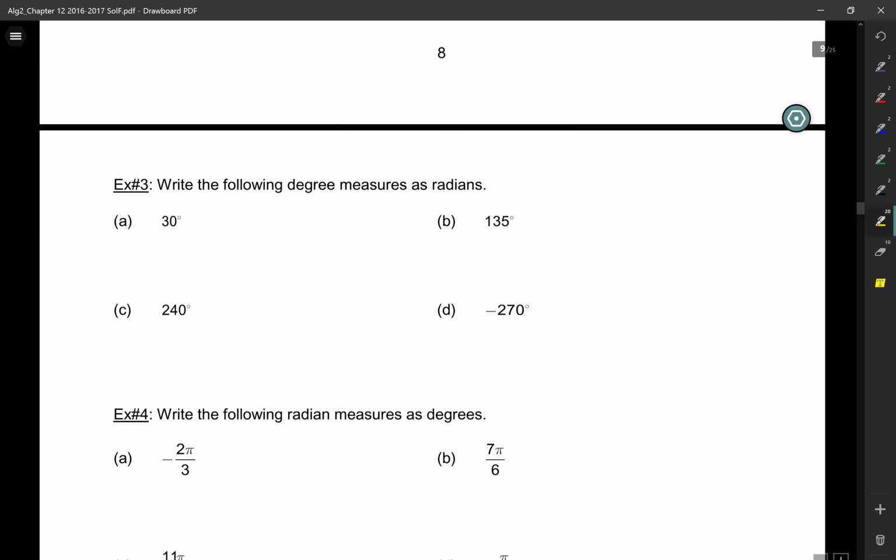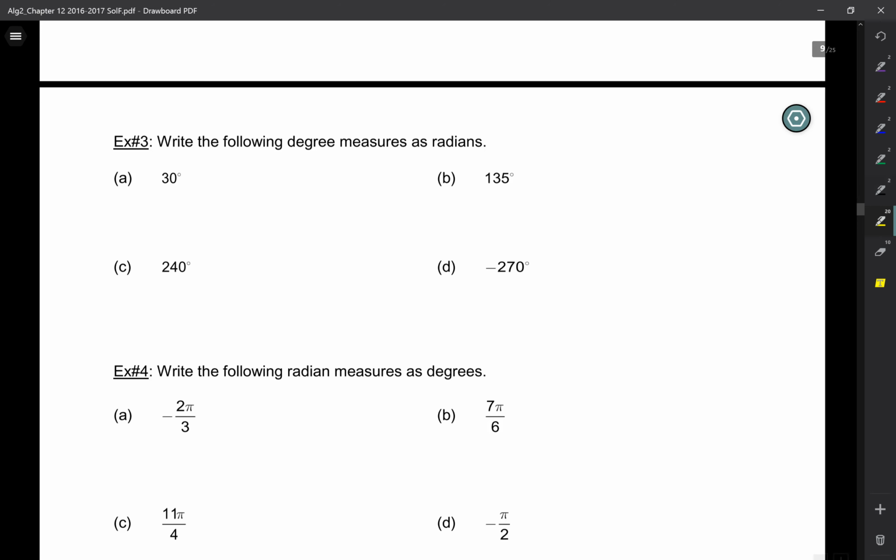So let's write the degrees in radians here. You're going to do this the same way every single time. It's the same thing as you do in science. You're going to convert 30 degrees into radians times a fraction bar. Now, what is my conversion? Pi is the same as how many degrees? 180 degrees.